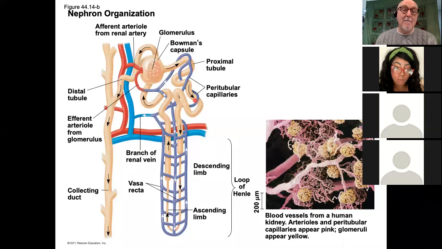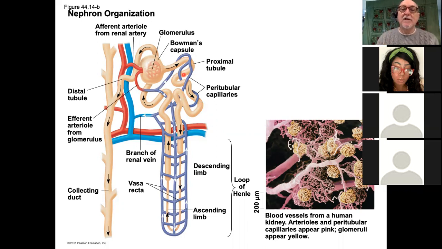But at the same time, the proximal and distal tubule, the blood's circulatory system and cells associated with the two can secrete stuff. So they can actually push stuff into this fluid, and at the same time they can absorb useful stuff from it. So they are selective in what they pick up.